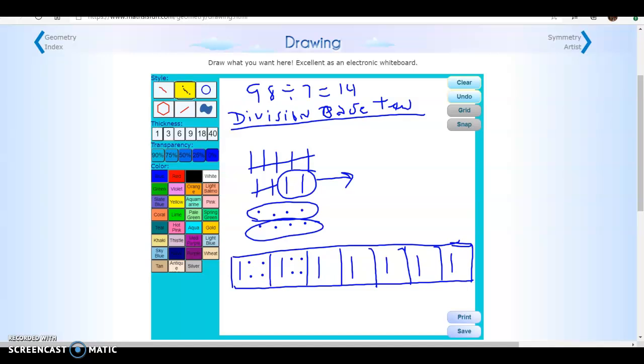So our first set, 1, 2, 3, 4, 5, 6, 7, 8, 9, 10. Our second one, 1, 2, 3, 4, 5, 6, 7, 8, 9, 10. Okay, so we have our 10 and 10 ones, and we can just cross that out because we're done with that.